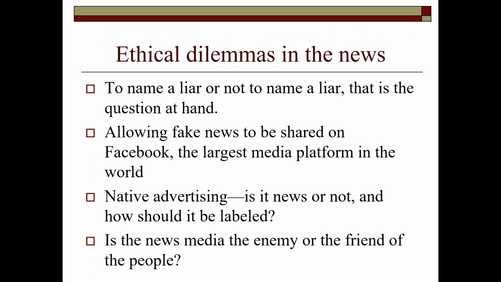So here are some of the ethical dilemmas in the news that are raised by Patterson and Wilkins and Painter in Chapter 1. The New York Times in 2017 chose to call President Donald Trump a liar in its news columns and editorial pages, while National Public Radio chose not to.